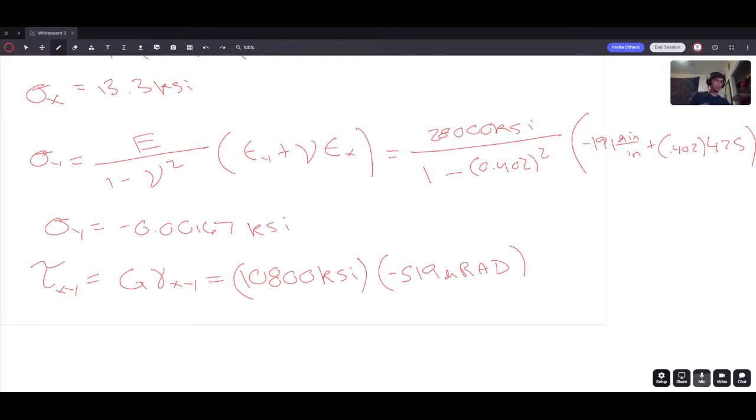And don't forget to multiply that by 10 to the negative 6. So tau xy equals negative 5.61 KSI. So we have our sigma x, sigma y, and tau xy. Now we can use this to draw our Mohr circle and find our principal stresses and maximum shear stress.